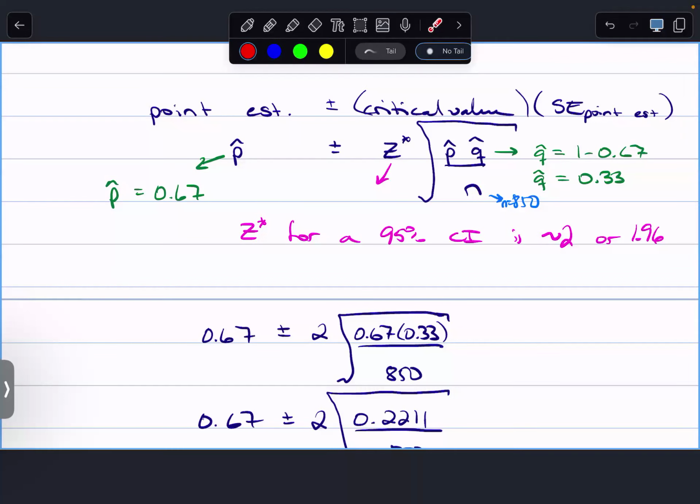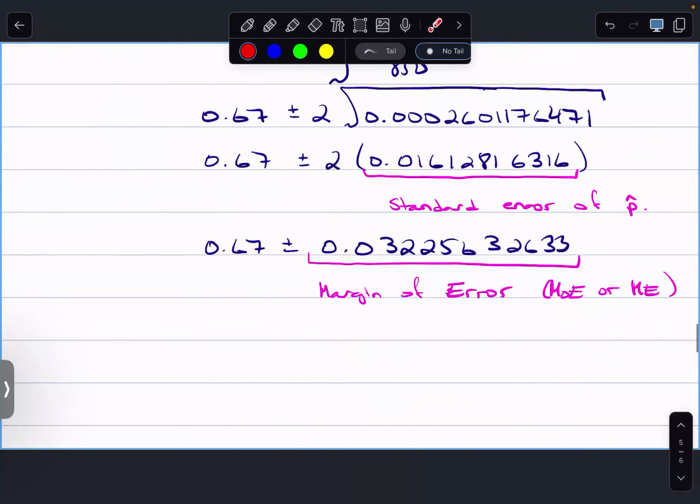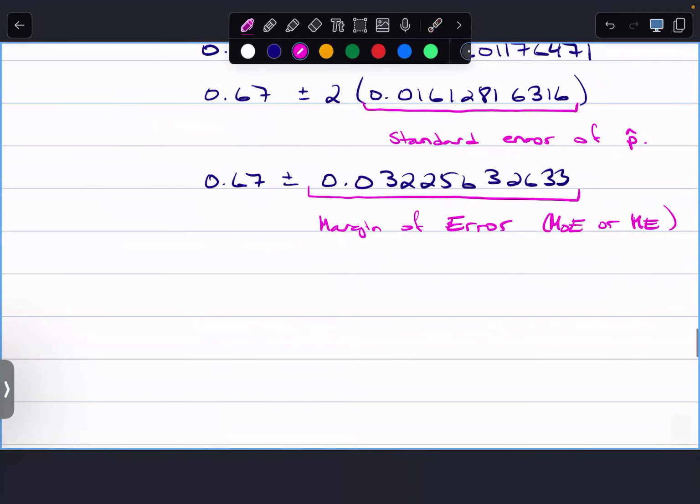That's a reverse engineering problem, right? In order to force my margin of error to be 2%, I would need a sample size of this size. So that's kind of cool. I guess not really what we're doing right now, but I will make a note.